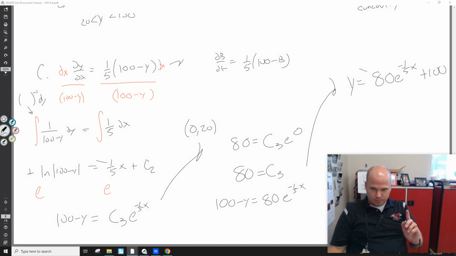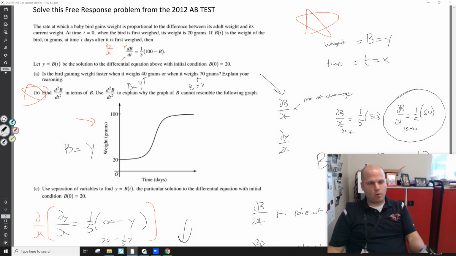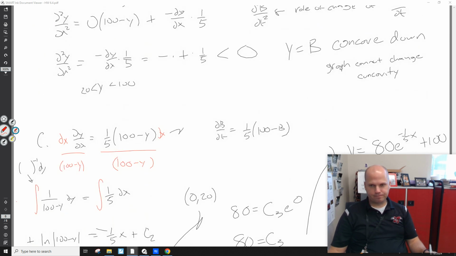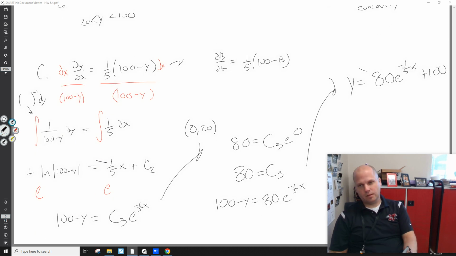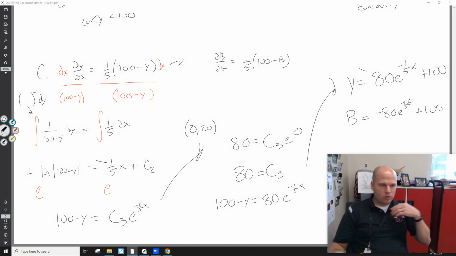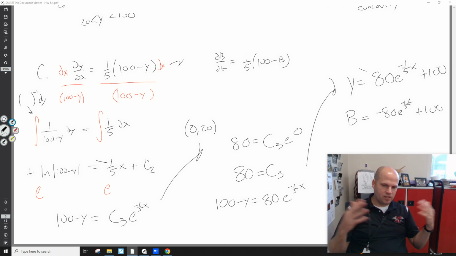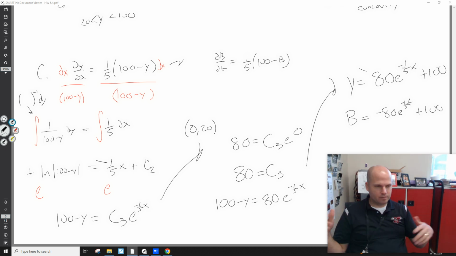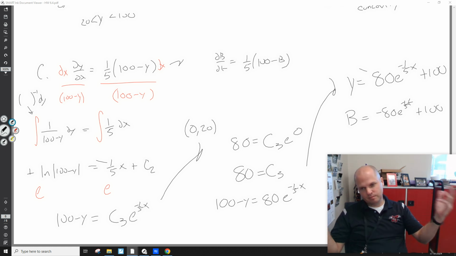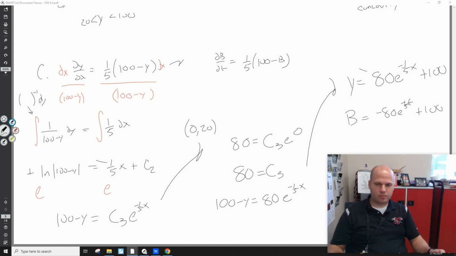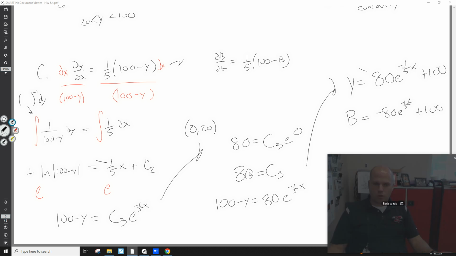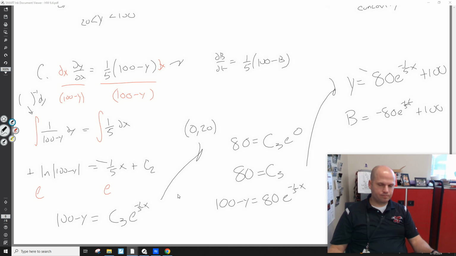This is acceptable, provided you've established somewhere on your paper, let b equal y, let t equal x. If you want to go back, you'd say b equals -80 e to the -1/5 t plus 100. In future units, we're going to start using more different variables, and we need to be comfortable not using y, not using f prime, using x prime, using v prime, stuff like that. Okay? All right. Good homework, preparing you for the test. I'll see you out there.